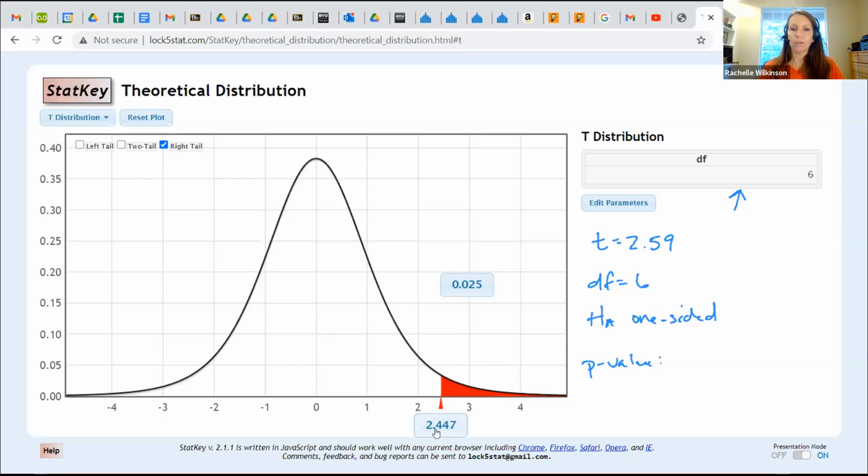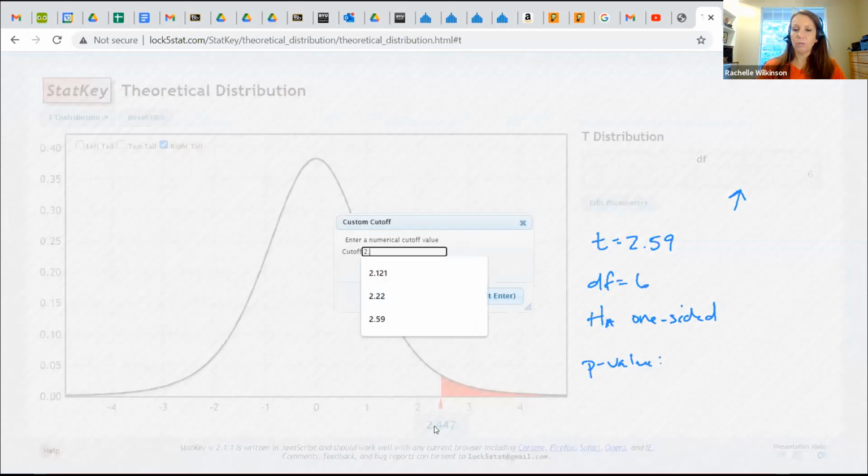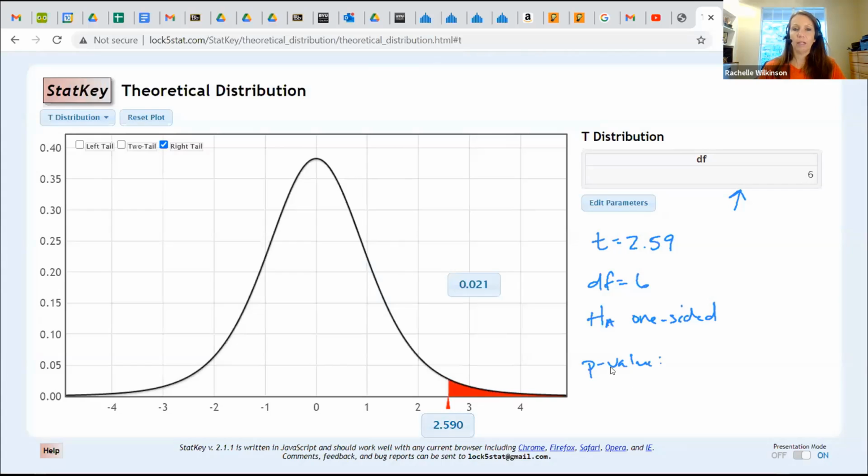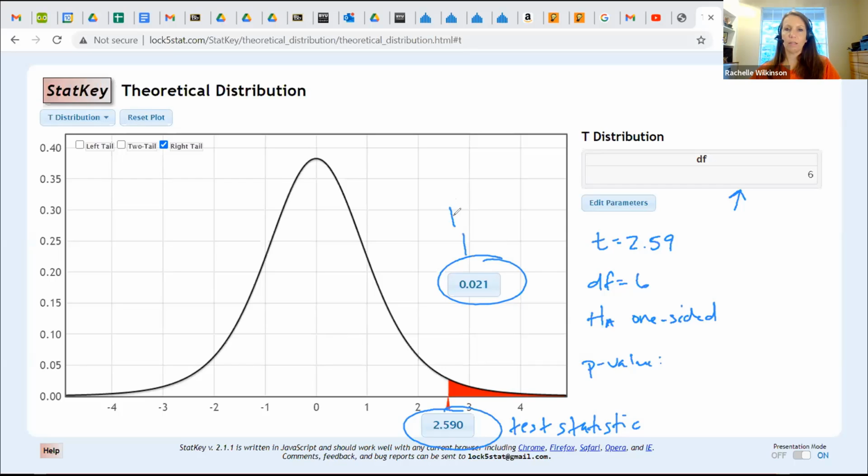Now I'm going to enter in the value of my test statistic, that 2.59, and then this little floating box here is my p-value. So down here, this was my test statistic, and then the floating box is the p-value. So there's a few more things to keep track of, but not too many. Really, once you enter the degrees of freedom, it's the same deal as when we were looking for p-values in the last couple of sections. So my p-value is 0.021.